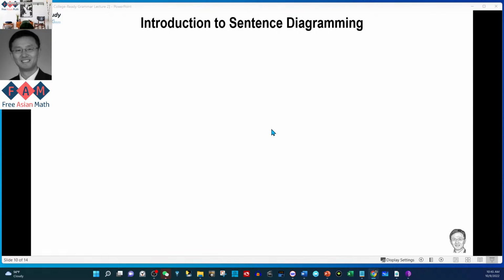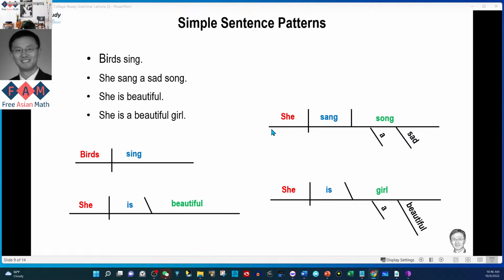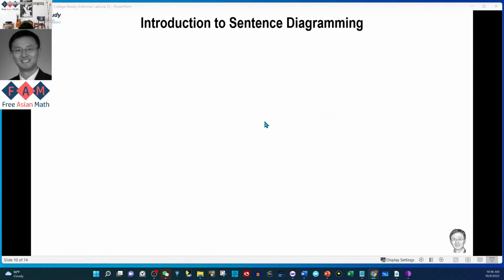So we already saw some diagrams in the last slides, but how exactly does it work? We will use two sentence examples. All right. She sang a sad song. Now we know this is a simple sentence because it's just one clause, right? One subject, one verb.